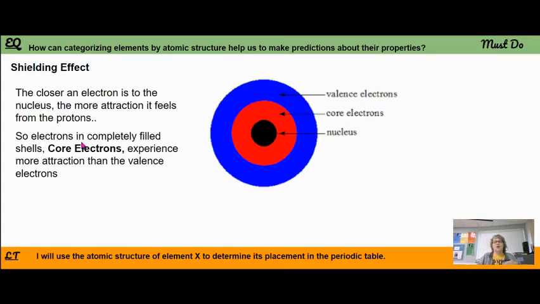Electrons in completely filled shells, which we call core electrons, experience more attraction than the valence electrons. So here are our core electrons, and because they are closer to the protons, they feel more attraction than the valence electrons on the outside.